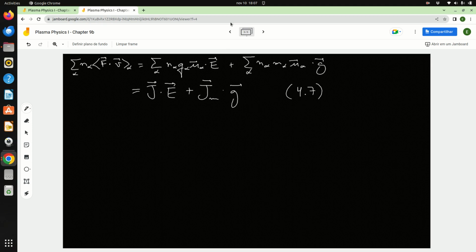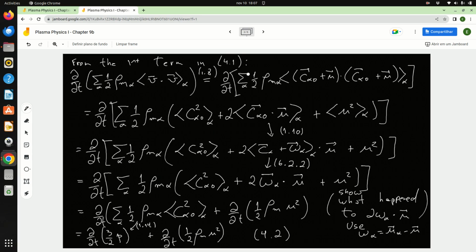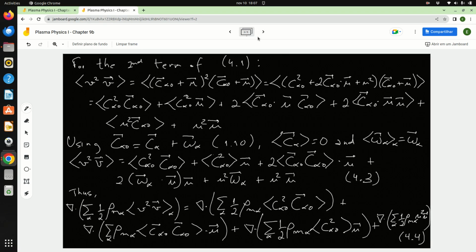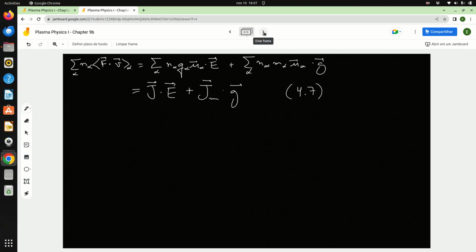Now let's combine 4.2, 4.5, and 4.7 into 4.1. 4.2 is representing the first term. 4.5 is for the second term. And 4.7 for the third term.